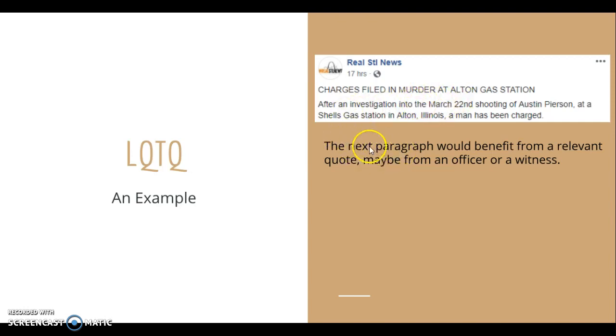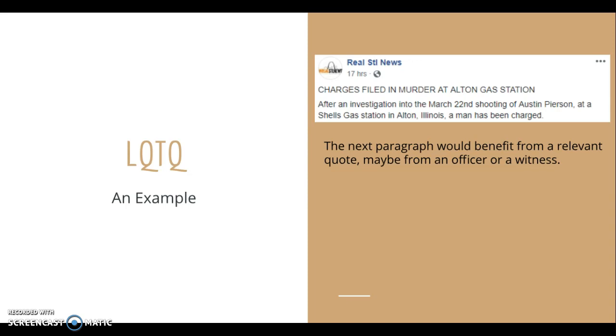Ideally, the next paragraph would really benefit from a quote. Getting a quote from maybe an officer or a witness, which I know is difficult to do sometimes, but if you can talk to somebody, that quote adds more legitimacy to the story, adds more depth and human nature to the story.